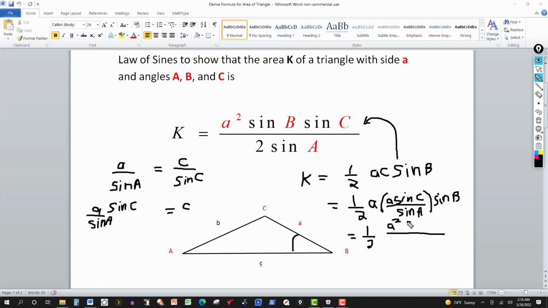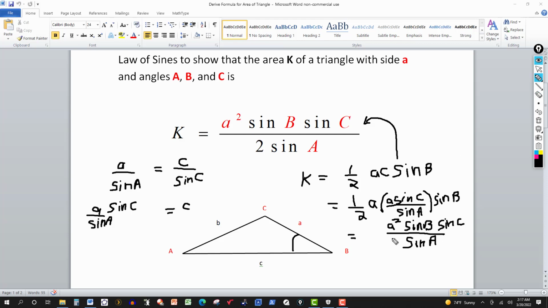Put the sine of B first, and then sine of C. And in the denominator, I have sine of A. And I have 1/2 times that, so I want it to look just exactly like what they're trying to show.